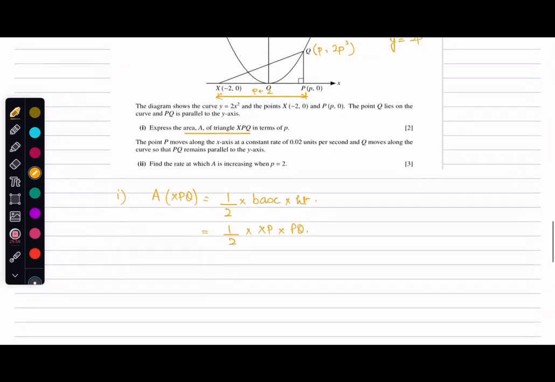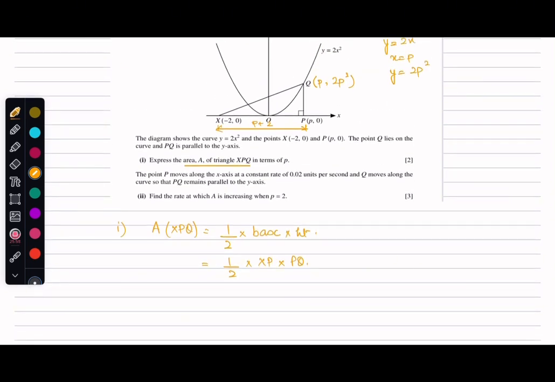So XP is p plus 2, and PQ is obviously going to be from the x-axis up till the point Q. As it is a vertical line, I should say that this height is going to be 2p squared.